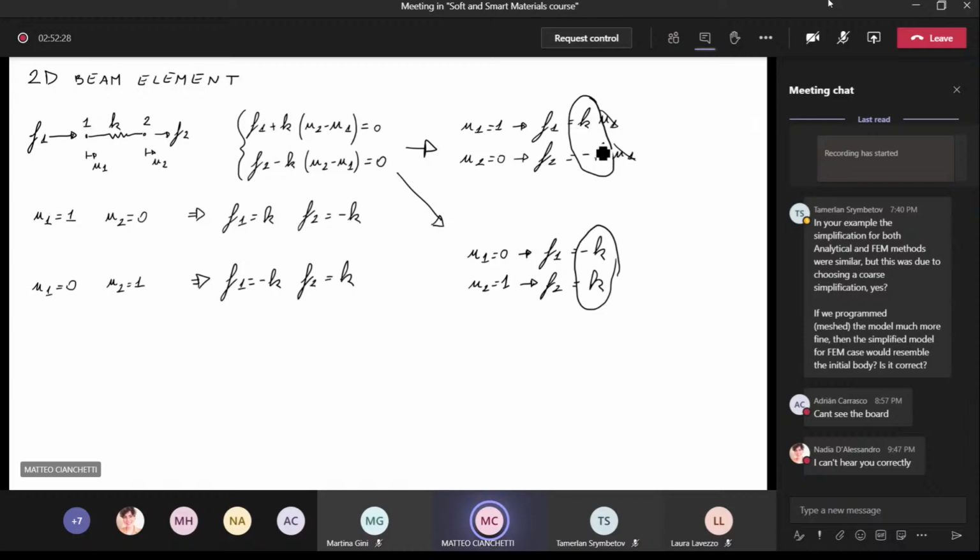This is something that we should be familiar with. If you remember, the solution of this very simple case was that K of the element is equal to K, minus K, minus K, K. It's not by chance that the solution that we found here on the top right and the solution that we found here in the middle right is actually the composition of the columns of our element stiffness matrix.